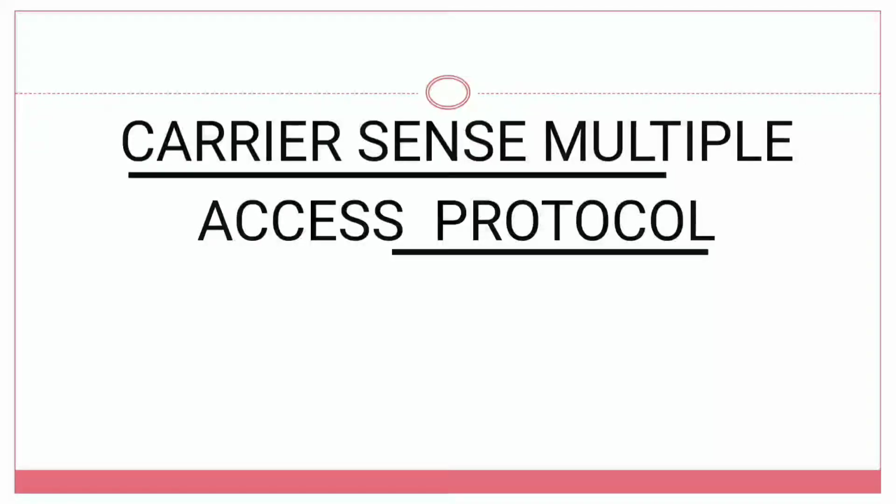Carrier sense multiple access protocol. This is another protocol which exists in the random access protocols. So we'll see what this carrier sense multiple access protocol is and what the types of CSMA protocols are.